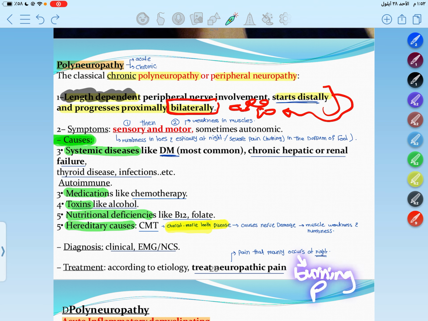Sometimes we use anticonvulsant drugs, like Tegretol. The value of that is to take the edge or sharpness off the pain. The pain doesn't go away completely, but its intensity is reduced. That's the neuropathic pain.